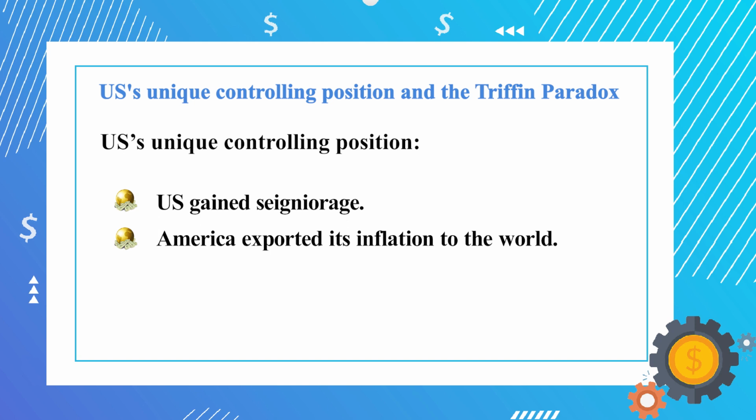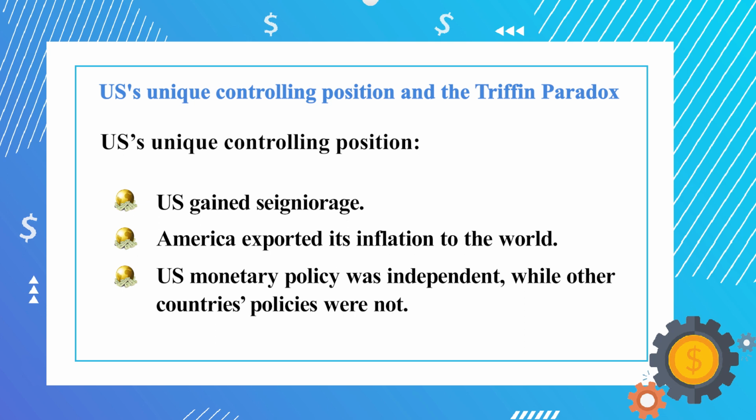So you can see, America had the privilege of enjoying autonomy of monetary policy, whereas other countries had to sacrifice the independence of monetary policy and execute their obligation to maintain the exchange rate stable.